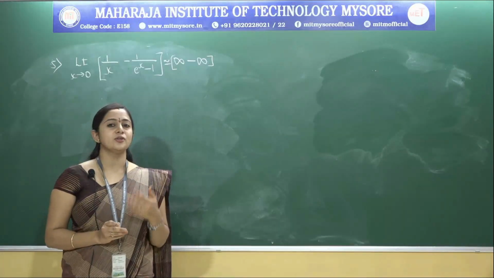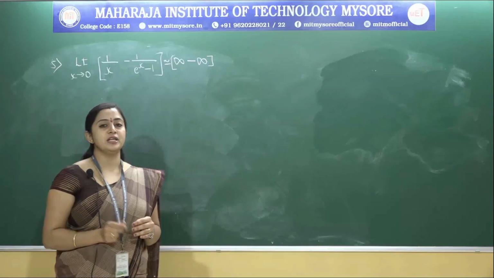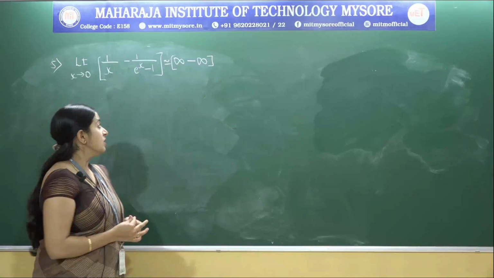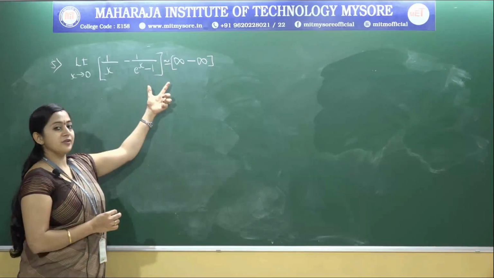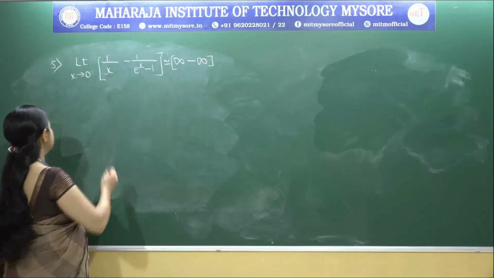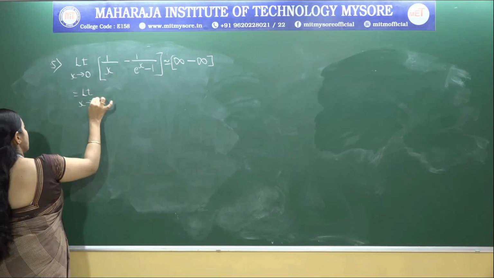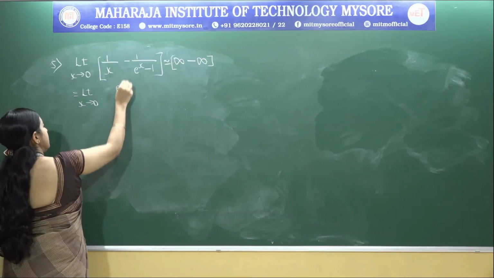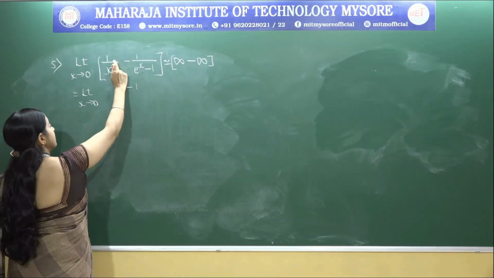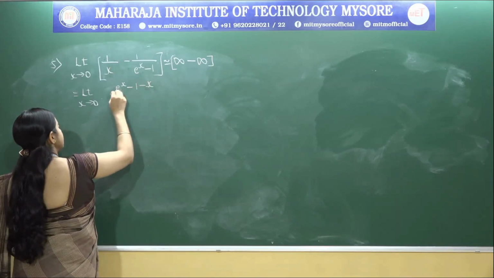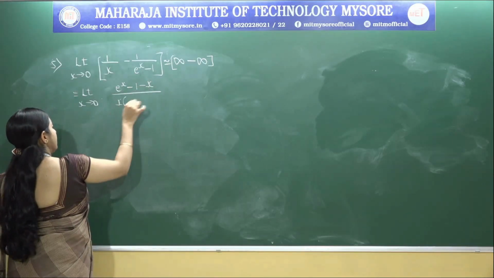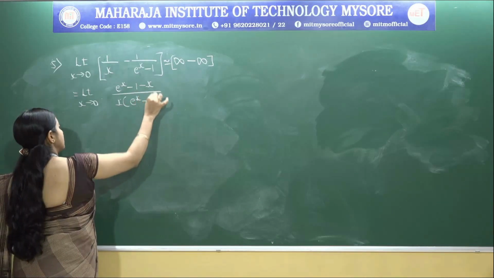First you convert this into 0 by 0 or infinity by infinity, then you apply the L'Hospital rule. So if it is infinity minus infinity, you take the LCM: limit x tends to 0, e power x minus 1, cross multiply this, minus x, divided by x into e power x minus 1.